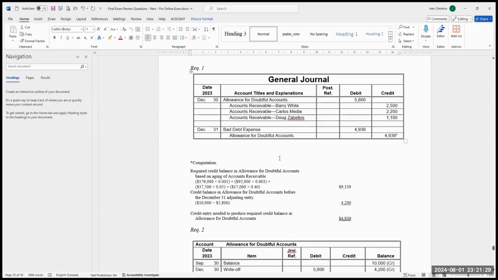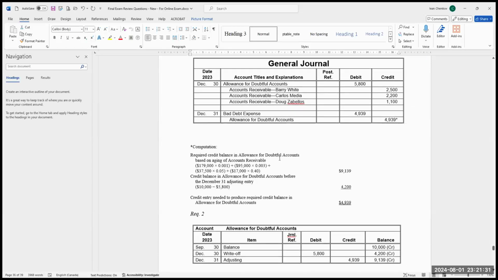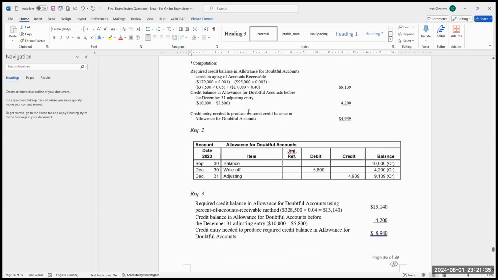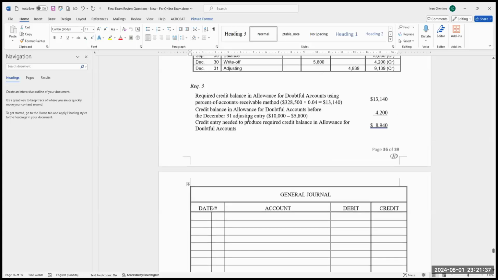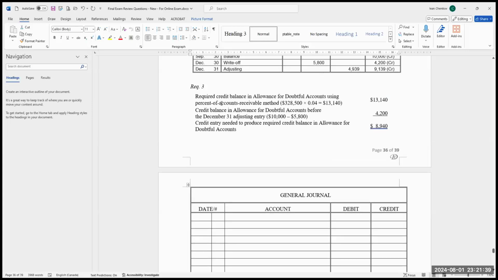So let's go back to the questions and see the solutions. Solution 1 with the bad debt, and the last one is the calculation of the bad debt.